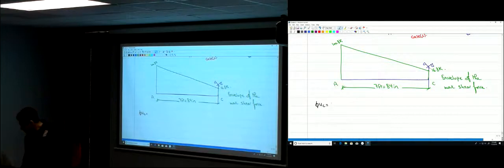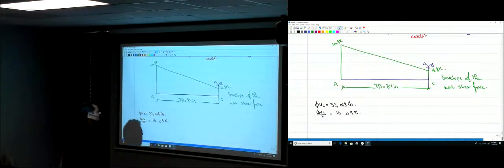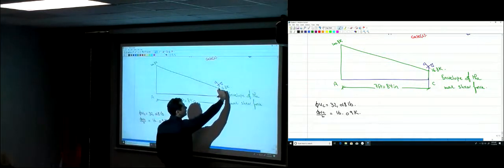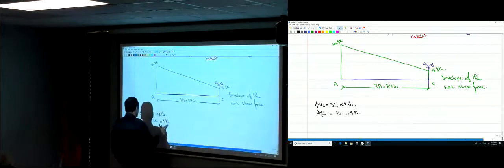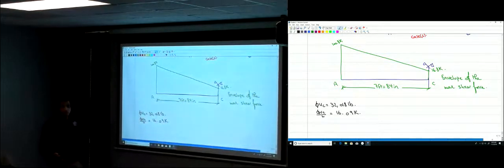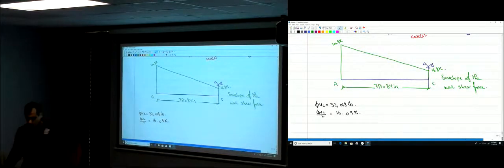Phi Vc is 32.18 K. So phi Vc divided by 2 is 16.09 K. As you see here, the minimum value for the shear is 16.8, which is larger than phi Vc divided by 2. That means that you have to provide stirrups everywhere in the beam.